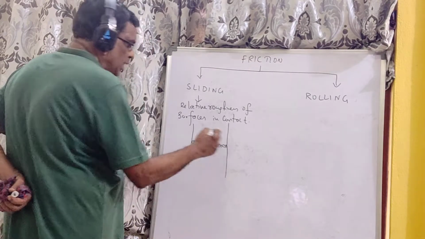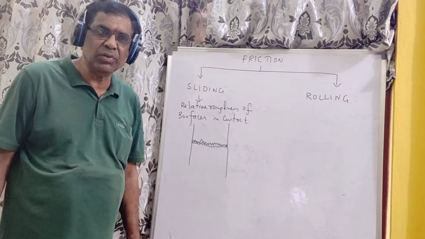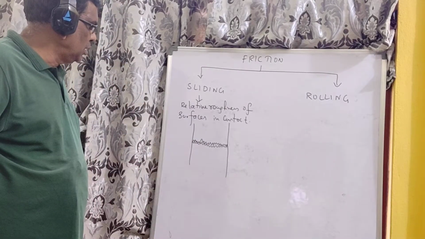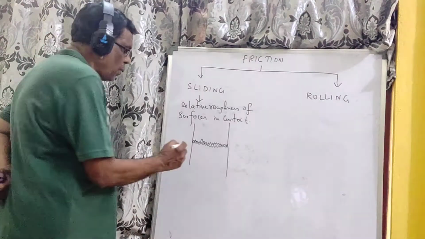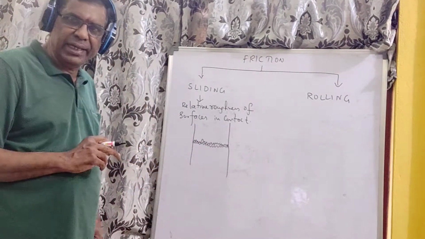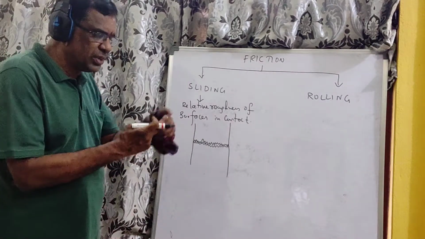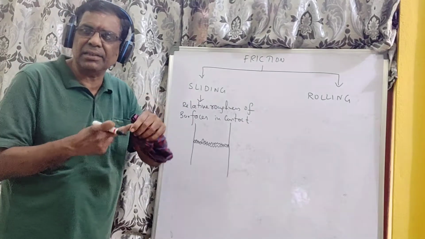A picture that I tried to give you even during the discussion of normal force, if you remember. Now, in this particular case, some of these troughs and ridges get entangled.